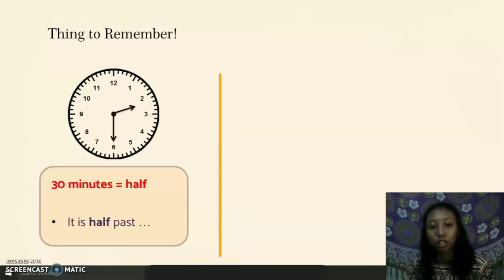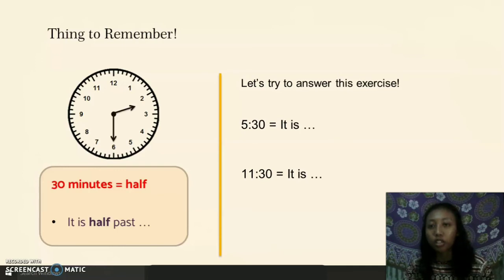We cannot use half to, because for the minutes 1 until 30, it must be followed by past, not to. Now, let's try to answer this exercise. For the first one, what time is it? Nice. It is 5:30. And for the second one, what time is it? Yes, it is 11:30.